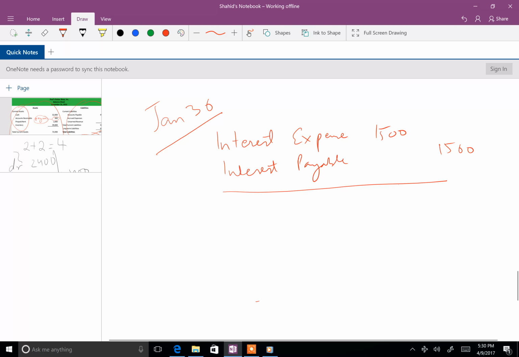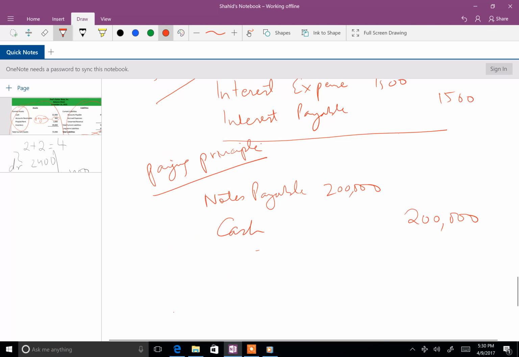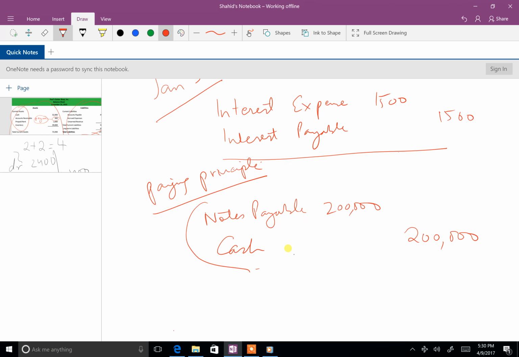At the end of January 30th, we're going to be paying cash principal, which is 200,000. So cash 200,000, and notes payable 200,000. Right, now we are paying principal on January 30th. So I broke down this entry when we pay principal.